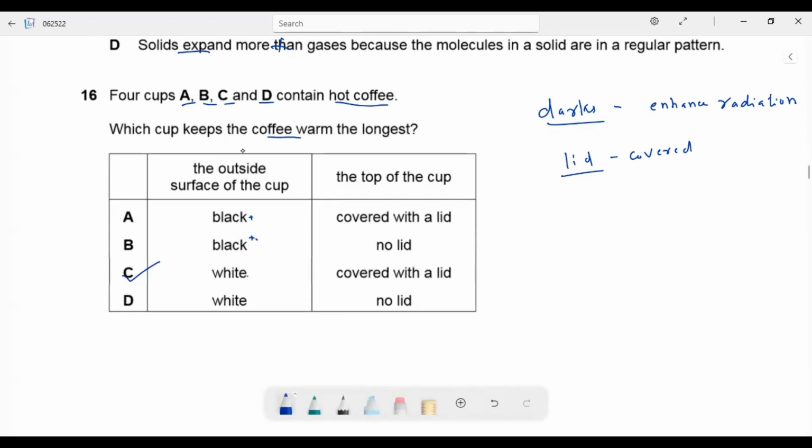Choice C will help to reduce the heat loss by preventing convection and radiation. Next will come A, that is black covered with lid. Next will come D, that is white with no lid. Next will be B. In this order, heat loss will happen.